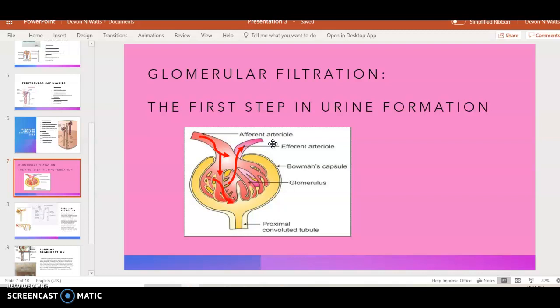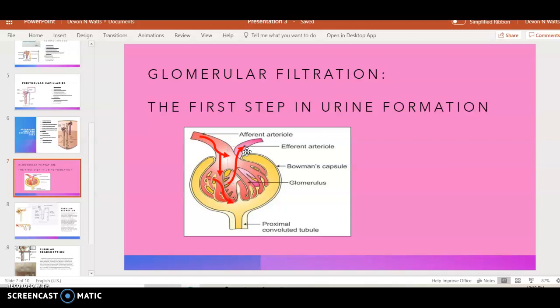Any substance small enough to force through the capillaries will go through at this point. So it's non-selective. And so the filtrate contains a mixture of solutes such as salt, glucose, vitamins, and nitrogenous waste.